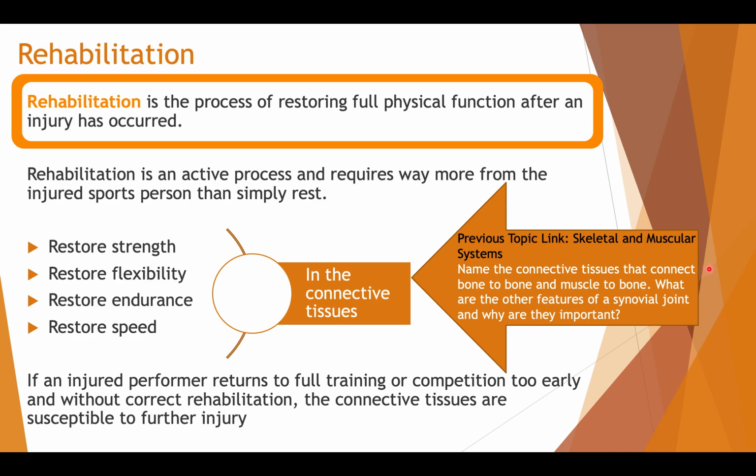I want you to make a little list of, for a start, the name of the connective tissue that connects bone to bone, then the name of the connective tissue that connects muscle to bone, and finally, list the key features of the synovial joint. If you can, why each feature is important. That's probably the hardest bit. See if you can remember. Give yourself 5 minutes and come back to the video.